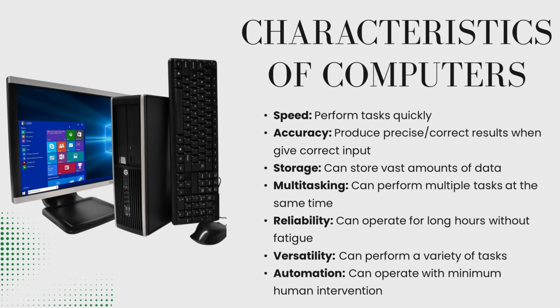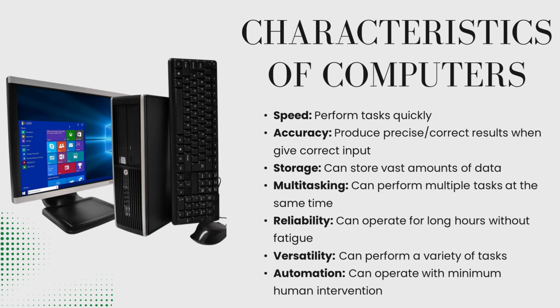Now, if computers are not available, this teacher will be required to do hundreds, if not thousands of tasks to complete that exercise. But if computers are available, the teacher can perform that task very easily using some built-in formulas and functions in Excel, and find the average, find the total score of the student, and also be able to grade the students.